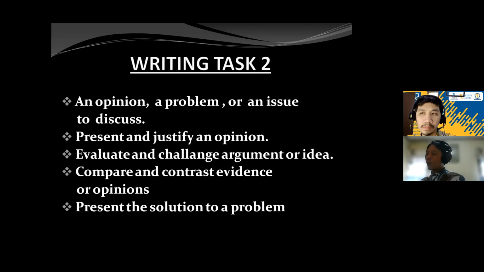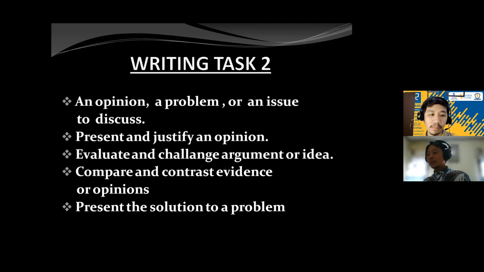What do we actually have in writing task 2? In writing task 2, you have an opinion, a problem, or an issue to discuss. Here, you are presented an opinion. Then you have to argue and justify your opinion. So you have to select between one or two what you think of that opinion.